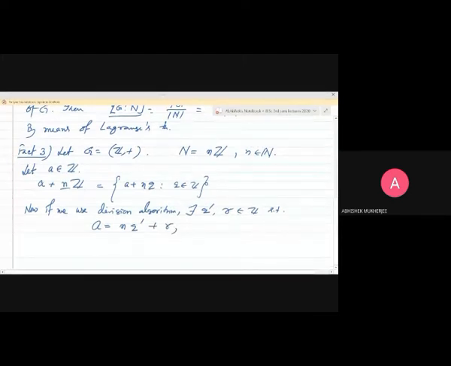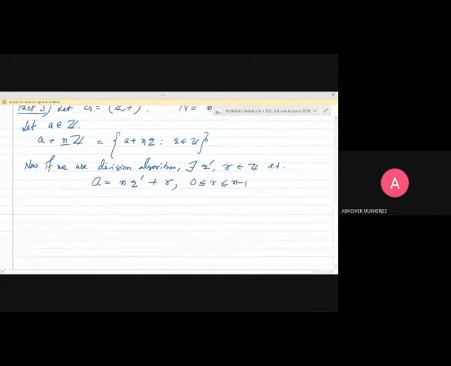Now what is r? r will be from 0 less than or equal to r less than or equal to n minus 1, right? So the possibilities of r are the integers from 0 to n minus 1.